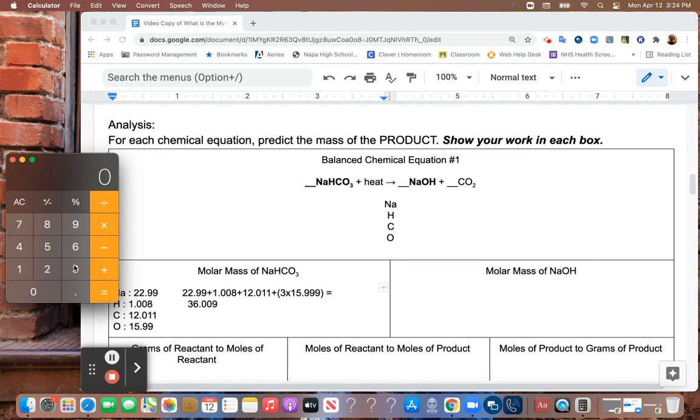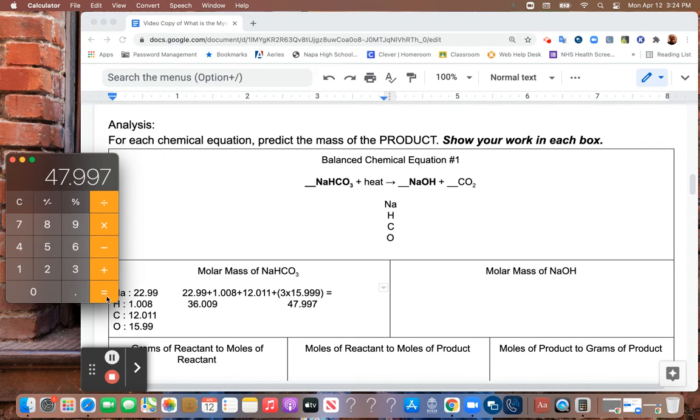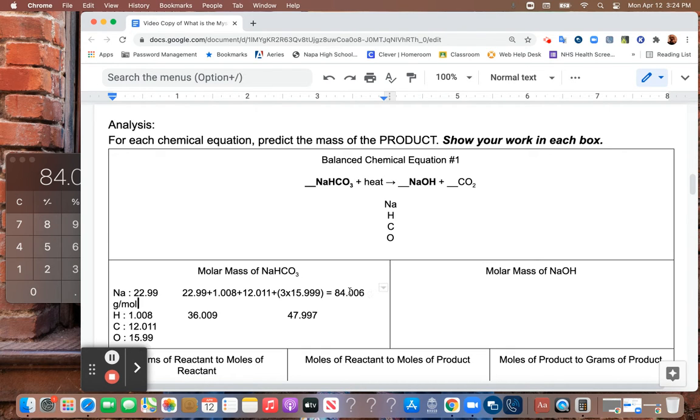Now 3 times 15.999 equals 47.997. Just going to make a little note, 47.997. I add those two together, 36.009, and it gives me my answer of 84.006 grams per mole.